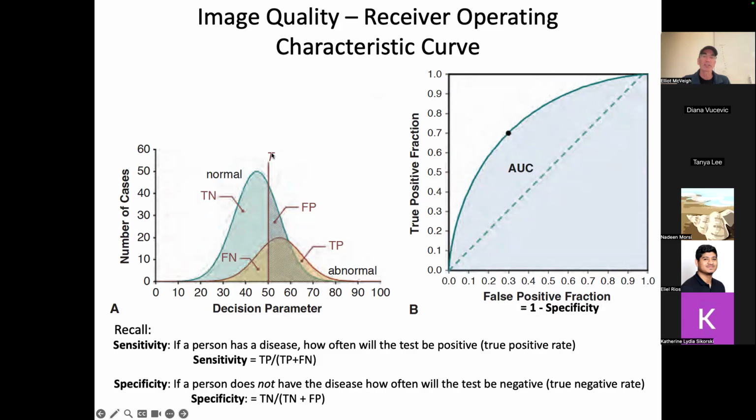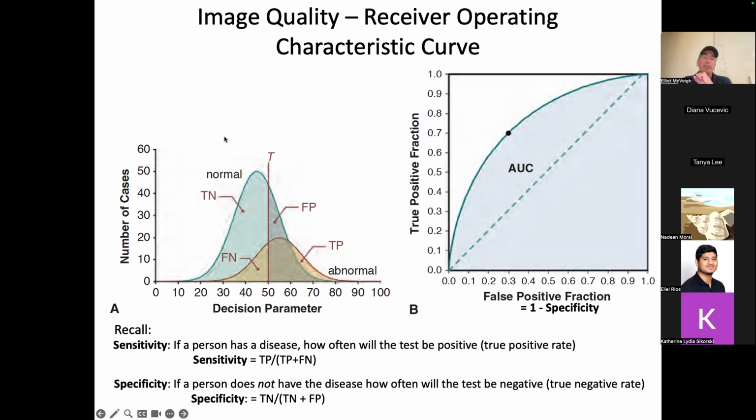So here's my false positive fraction, right? So 100% false positive means my threshold is all the way over here.